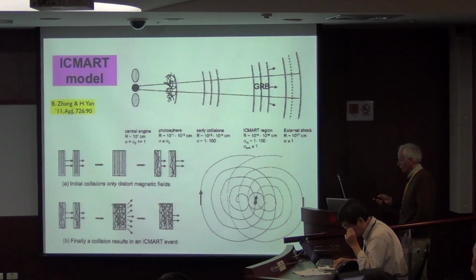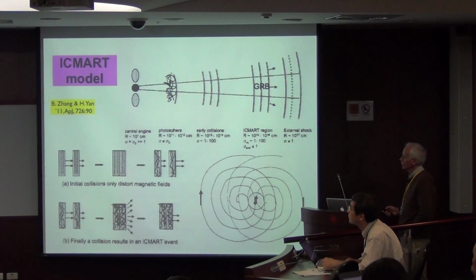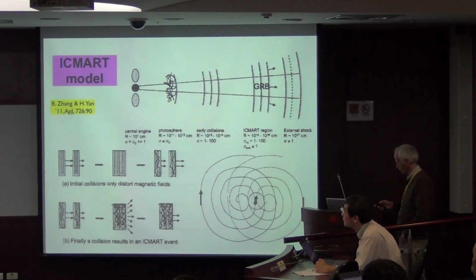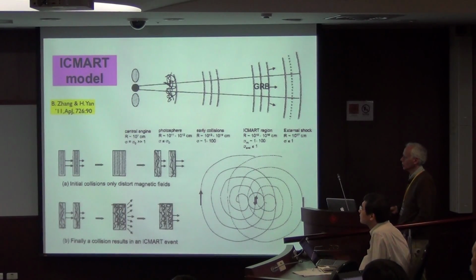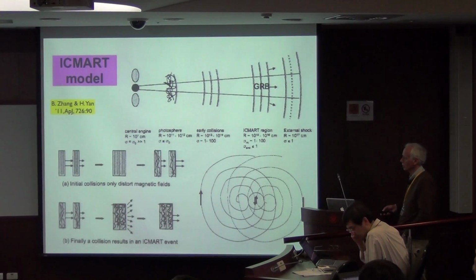Another model is by Zhang and Yang, called the ICMART model, internal collision-induced magnetic reconnection and turbulence. The idea is that you have magnetic fields in the shells being ejected, and initially the magnetic field lines are all parallel, so you cannot have reconnection.